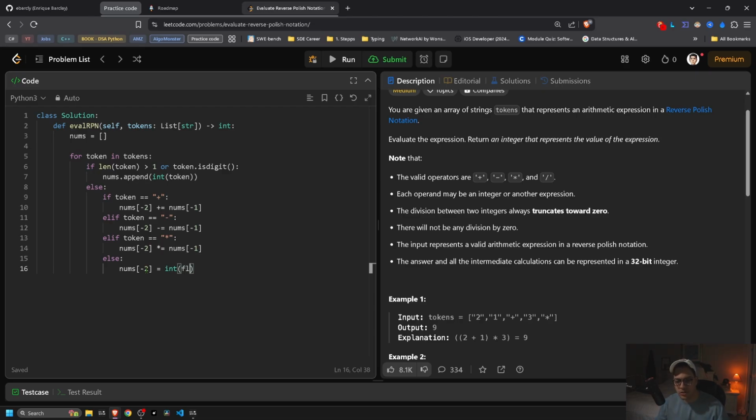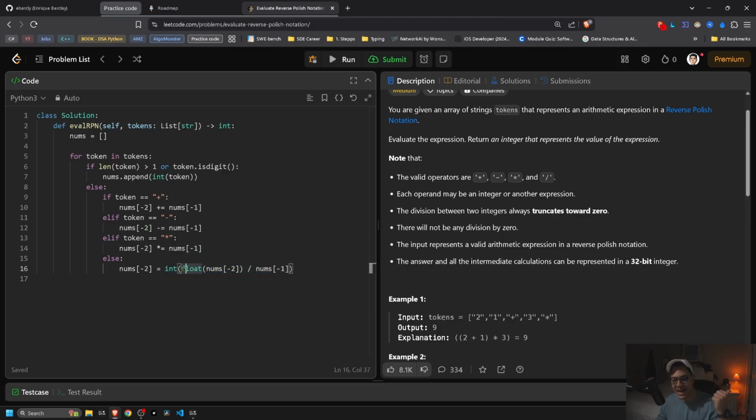Okay, so let's do it like this, float, and then that same number, nums at position -2, and we're going to divide that by nums at position -1. Great, and that's pretty much it. We are making sure that this number right here, which is the second operand sitting underneath the top of the stack, is an integer when it goes back to the stack.